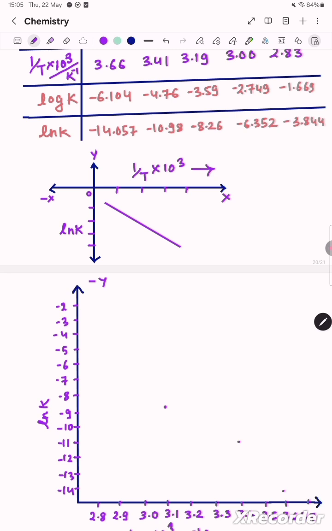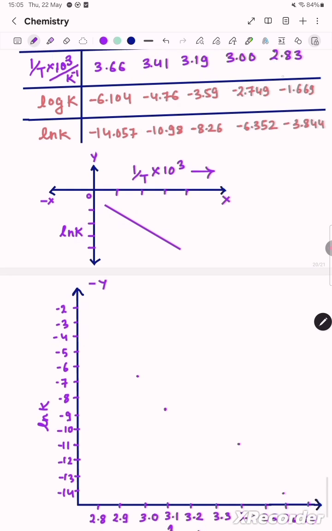Now at 3 the ln k value is minus 6.352. At 3, ln k value is minus 6.352. Now at inverse temperature 2.83 the ln k value is minus 3.844.